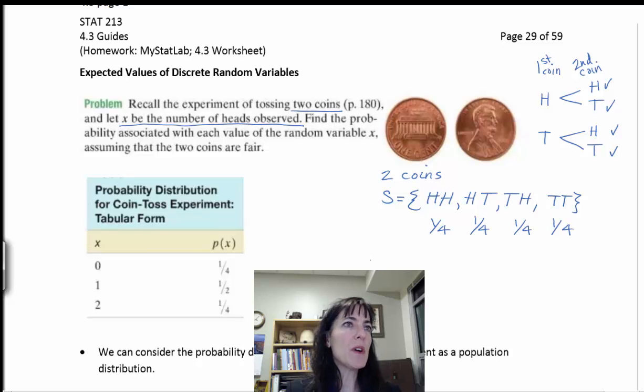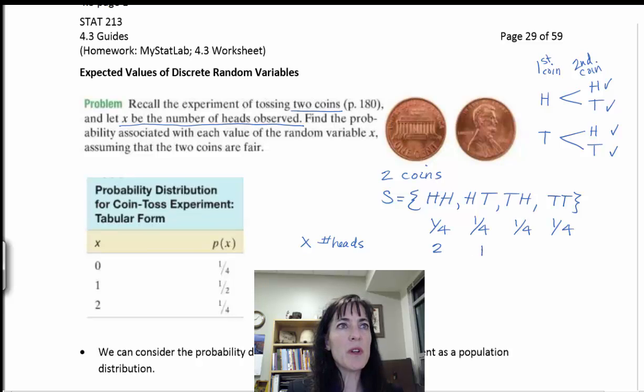And then what I want to look at is the probability of the possibilities for the number of heads observed. So if x is the number of heads, this one will give me 2 heads observed because it was heads, heads.